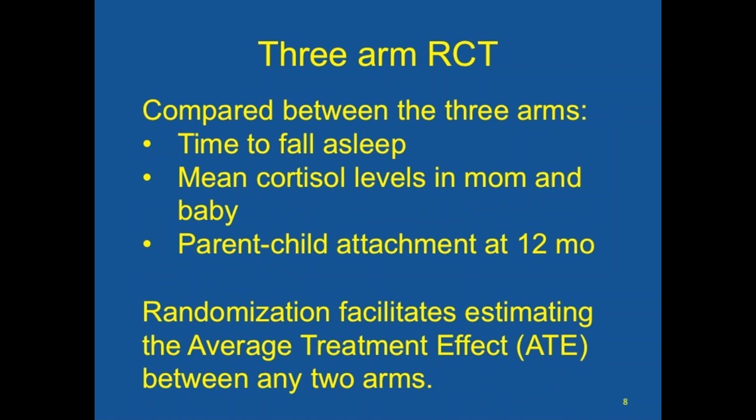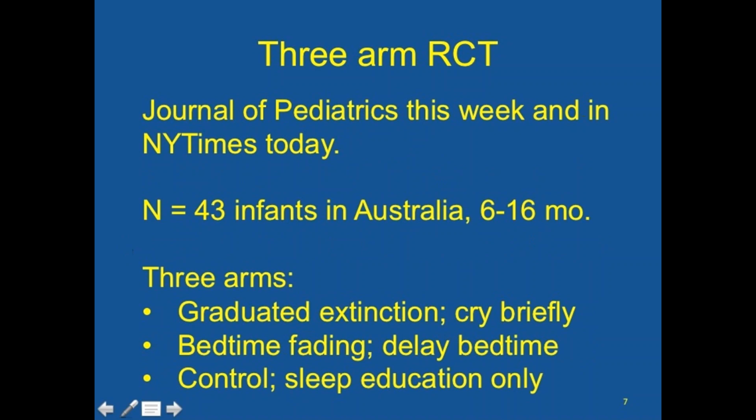And the reason why I bring this up is the randomization in this trial facilitates estimating the average treatment effect between any 2 of the 3 arms. If we are interested in the mean effect of graduated extinction versus control, or graduated extinction versus bedtime fading, we can, within the population of infants as defined by whatever their sampling method is, however they went about getting these 43 infants, that defines the population of interest.